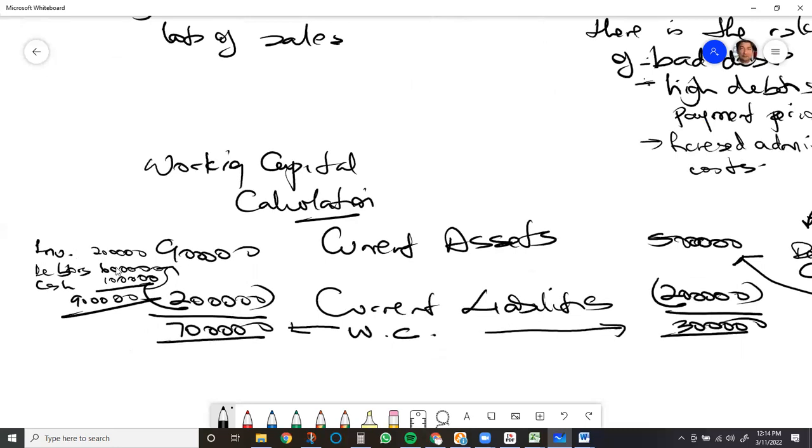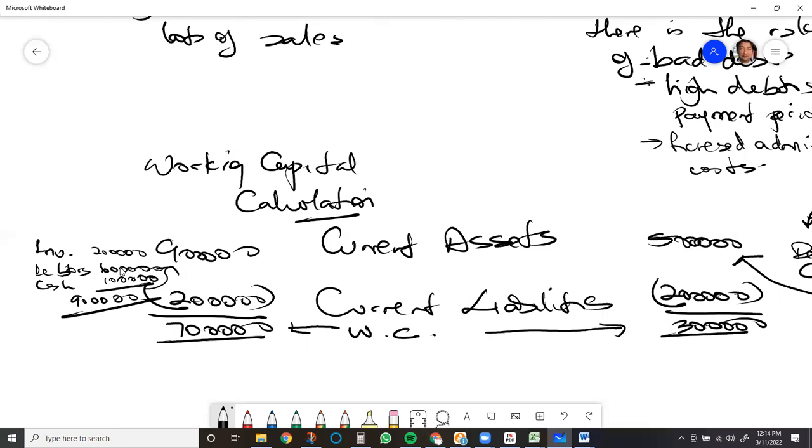Remember we said that a company would normally finance its current assets initially through current liabilities, and what is left over will be financed through long-term liabilities. Now this company is only financing $200,000 of its current assets with current liabilities, and the rest with long-term.